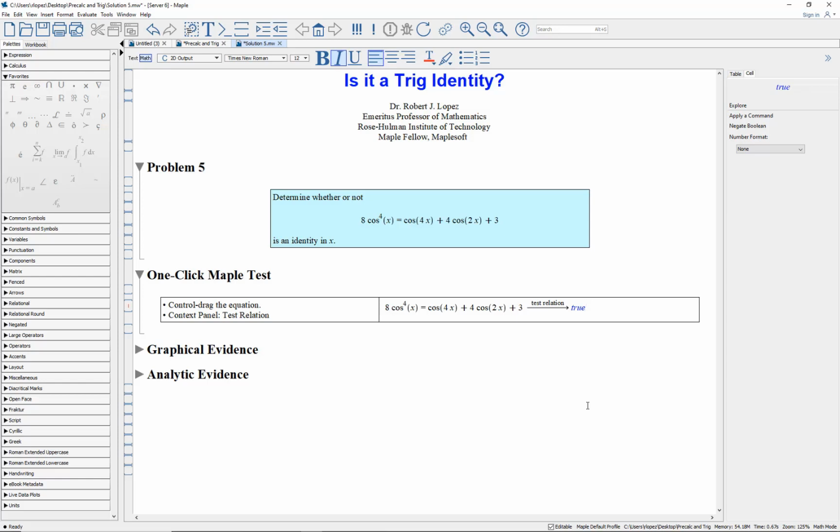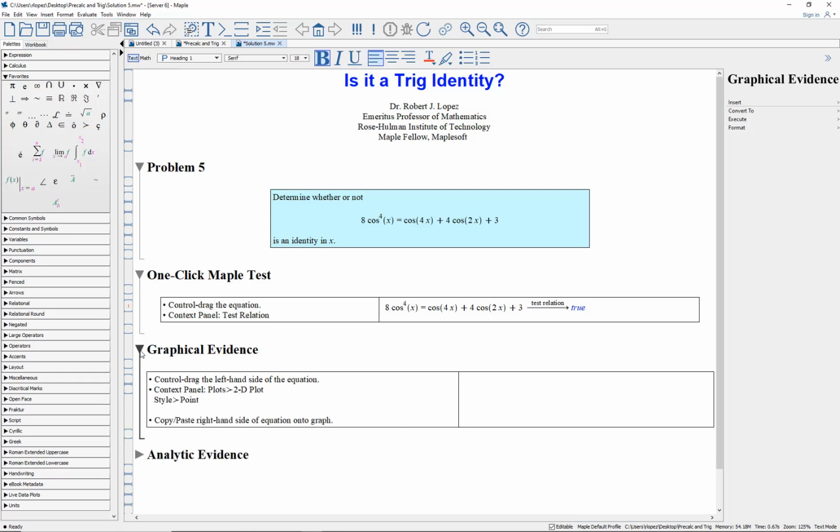But we don't know what Maple did, so it's probably premature to conclude that, yeah, this is an identity. But it might just be true. Now, I wonder if we can get some graphical, visual evidence of what this means to say this might be an identity.